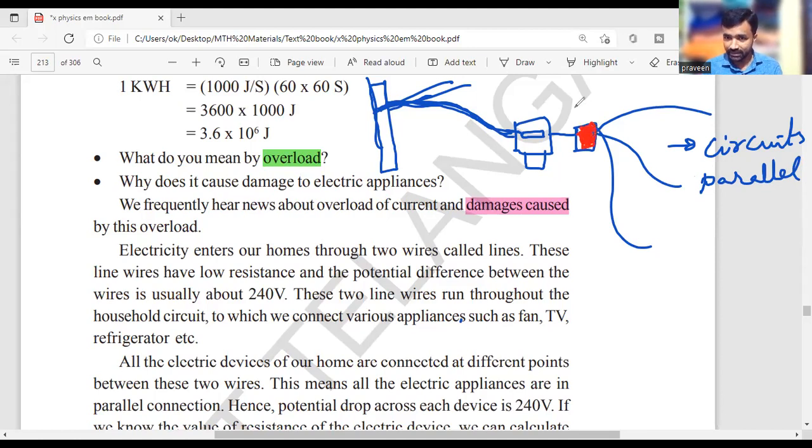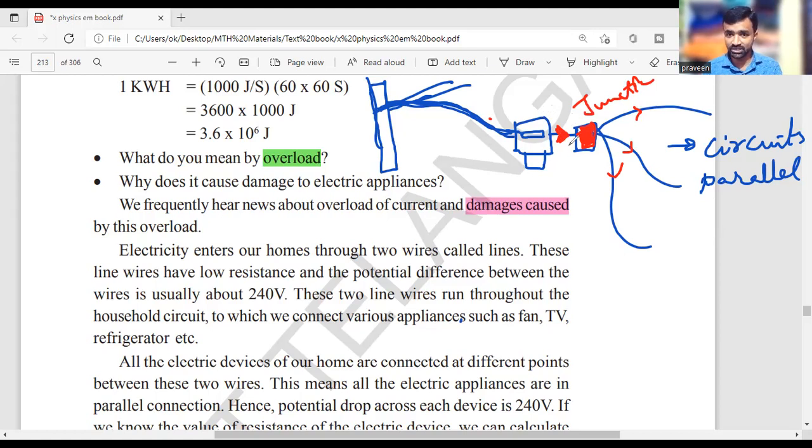So here, at your box, you are now able to apply the junction law. What is it? The sum of the currents reaching the junction will be equal to the sum of the currents leaving the junction. Only through one wire are you receiving the current, and you are allowing it to pass in many paths.